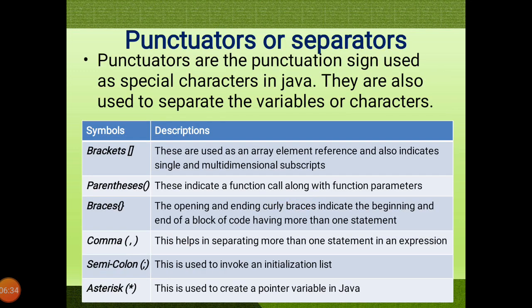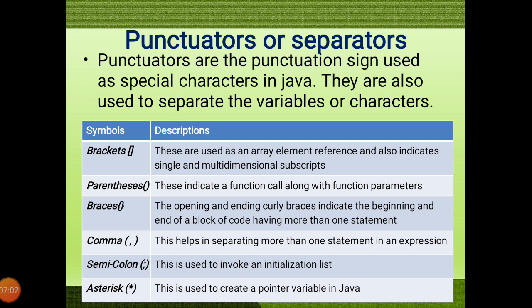The last token is punctuators, or separators. Punctuators are punctuation signs used as special characters in Java. They are also used to separate variables or characters. For example, we always use a semicolon to end a statement.